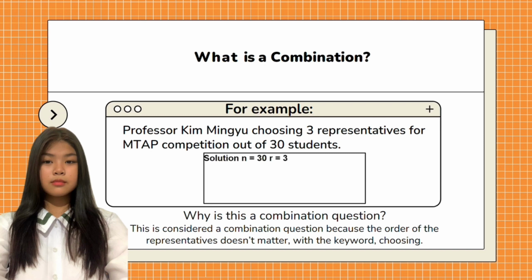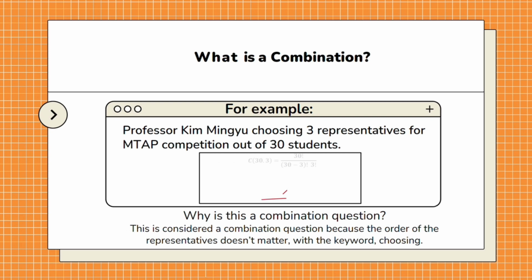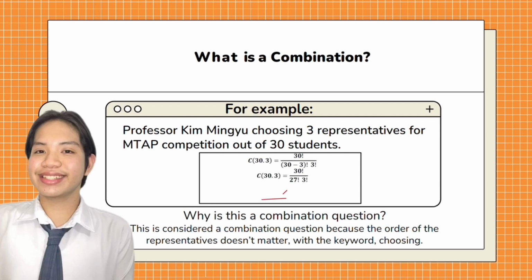In this problem, n is equal to 30 because we have 30 students, and we'll be choosing 3 representatives, so r is equal to 3. We have the formula combination of n, r is equal to n factorial over quantity n minus r quantity factorial times r factorial. Then simplify. We have 30 factorial over 27 factorial, since 30 minus 3 is equal to 27, times 3 factorial.